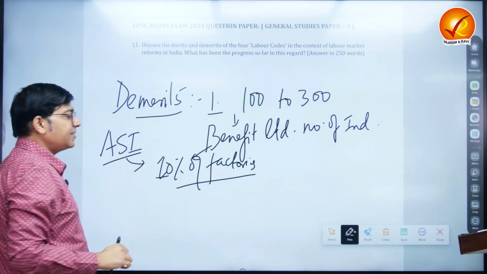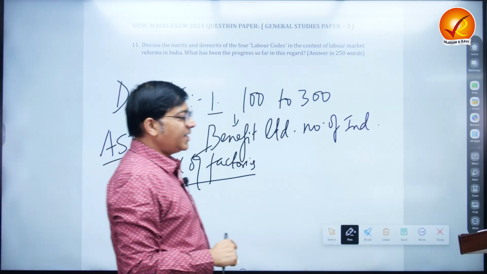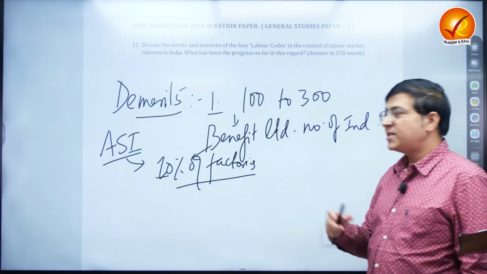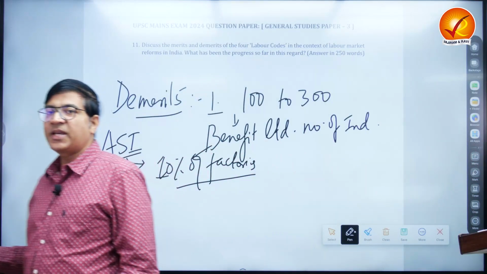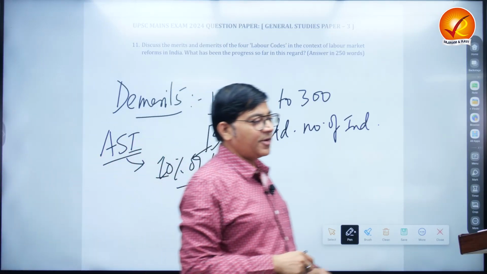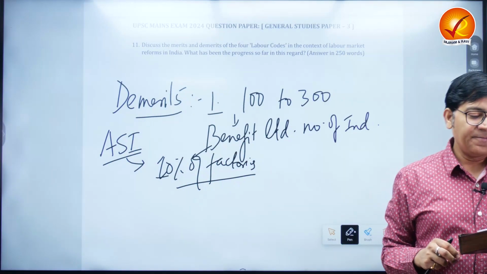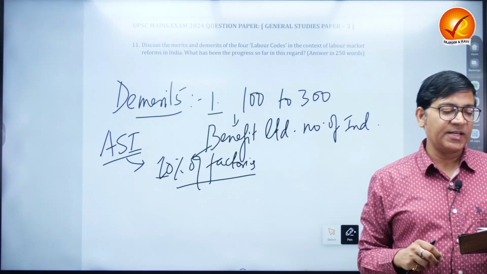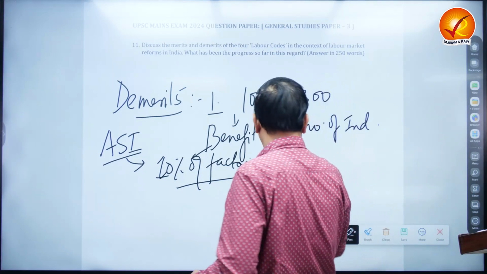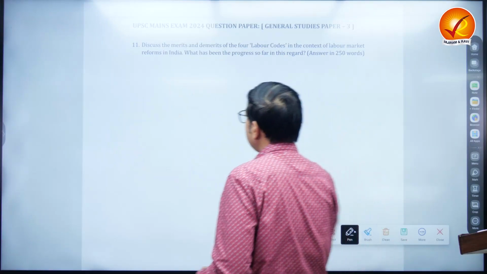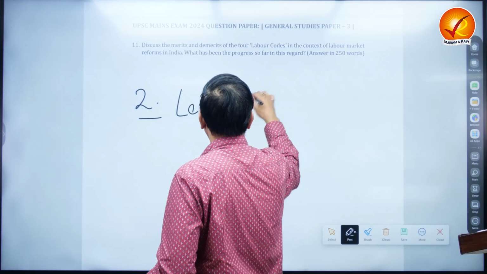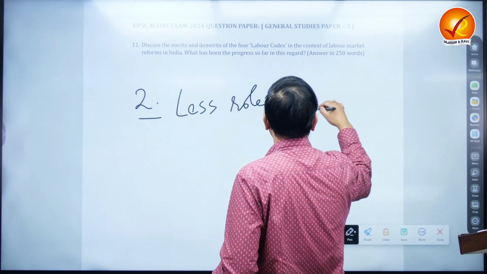And the reason for this is not surprising, because the Indian industrial sector is known more for the smaller industries rather than the bigger ones. Okay, and that is the reason why the limited benefits are going to happen in this case. There are other claims also that come in here, like lesser role of the labor unions. Another demerit has been less role of labor unions.